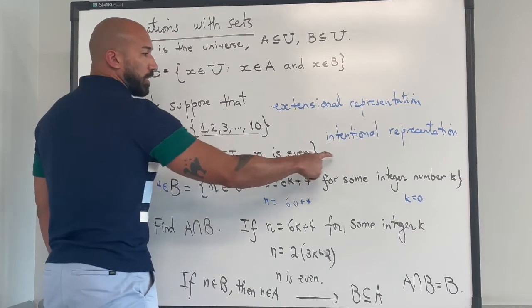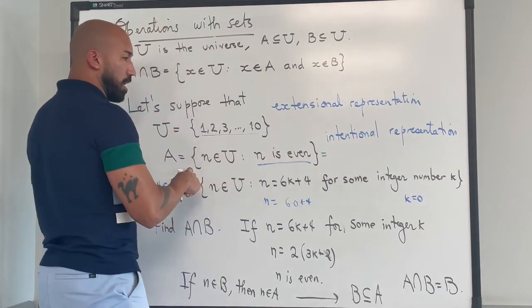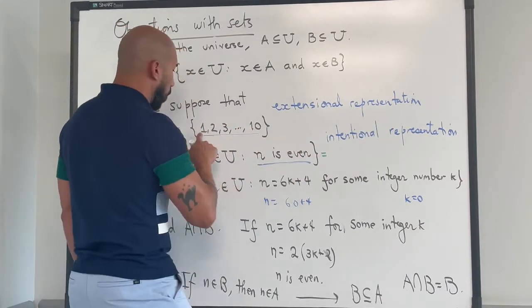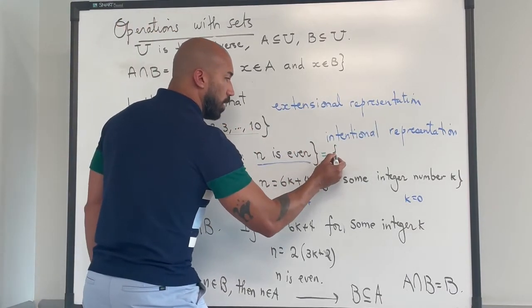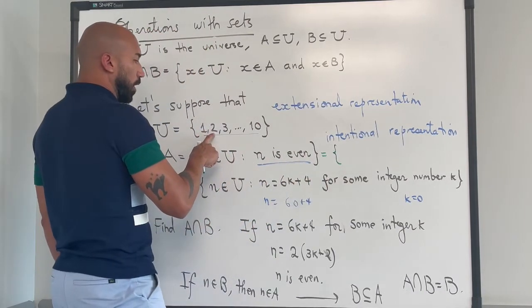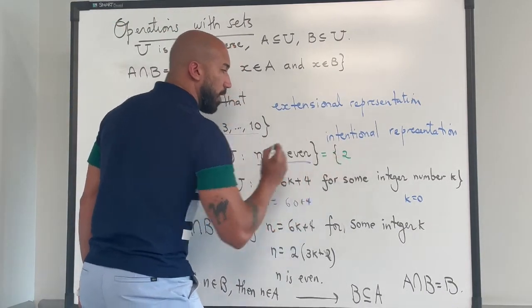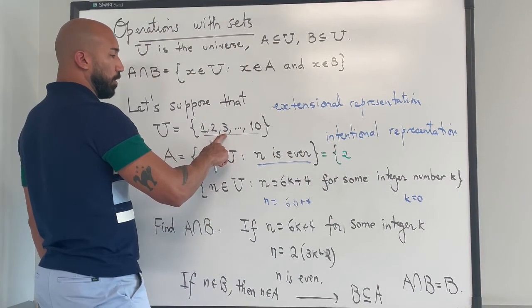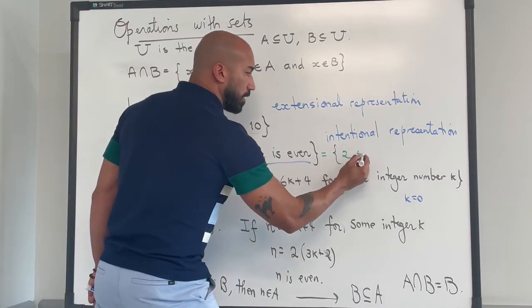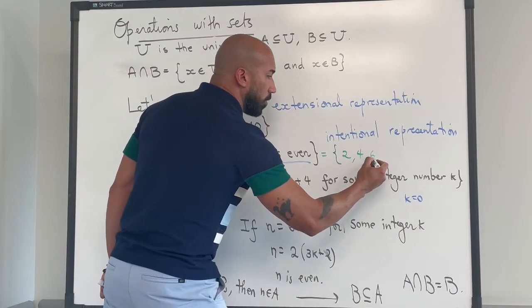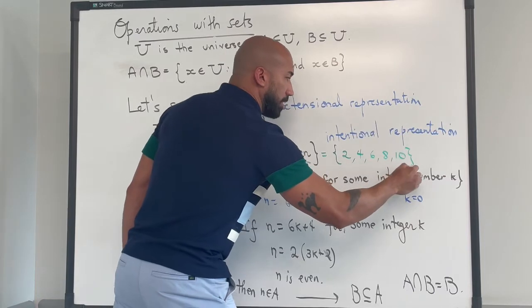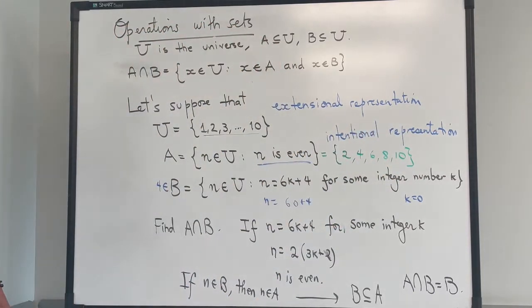If the answer is yes, that's going to be an element in A, so we place it here. If the answer is no, we discard it. So 1, are you even? No, so we discard it. 2, are you even? Yes. 3, are you even? No. 4, are you even? Yes. So you continue that way and you can see that the elements in A are 2, 4, 6, and 8.